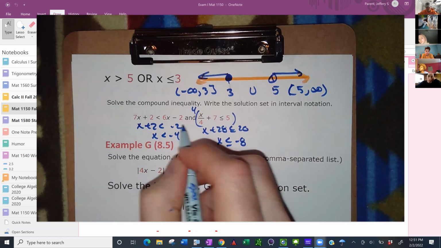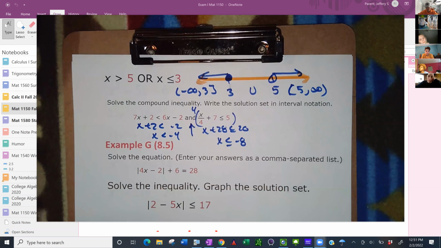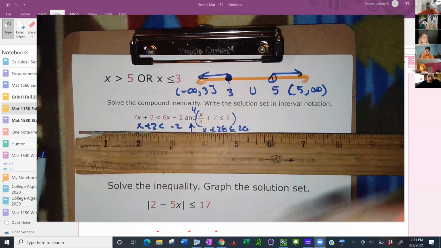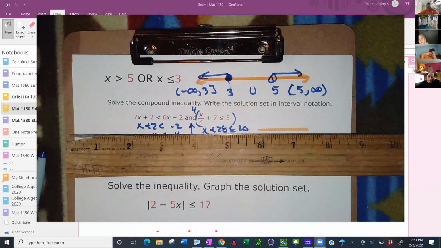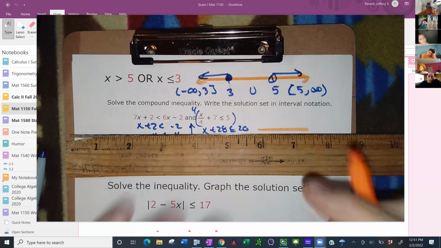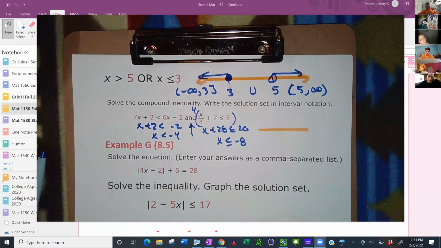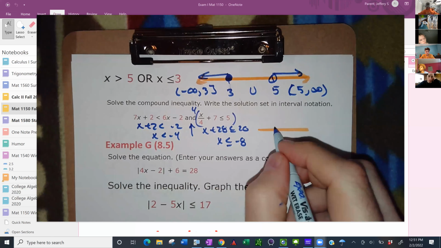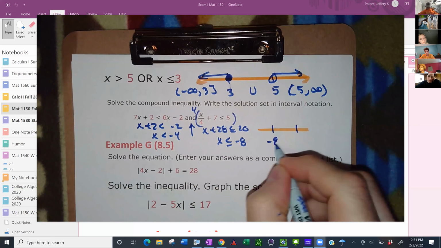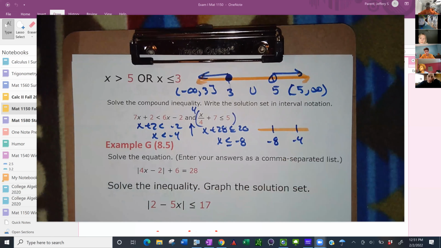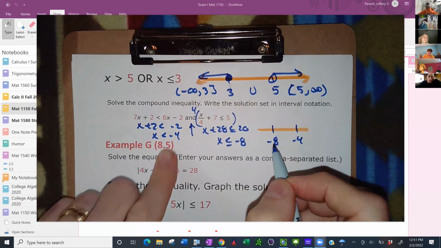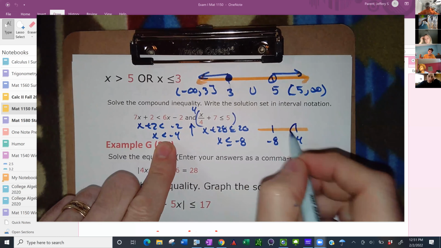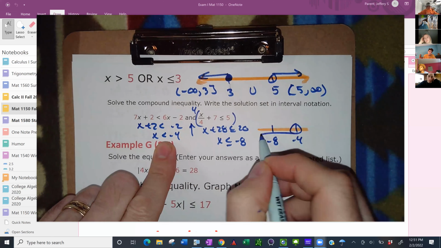Now, the interesting thing is that you're looking for the intersection here, where they overlap. So where do they overlap? Well, let's find out. -8, -4. I've got x is less than -4, so that's going to be everything here.